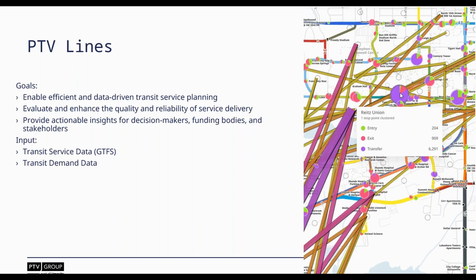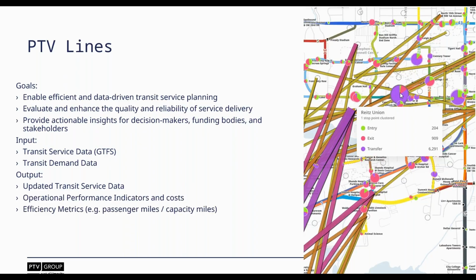And if you have the data, you can import origin destination data, transit demand data. But it's not necessary to have it. If you have it, you can calculate the ridership, of course. As an output, you will have updated transit service data, like the updated GTFS if you have made some changes on that. And you can have the operational performance indicators, KPIs, and the costs as Excel file or CSV file.